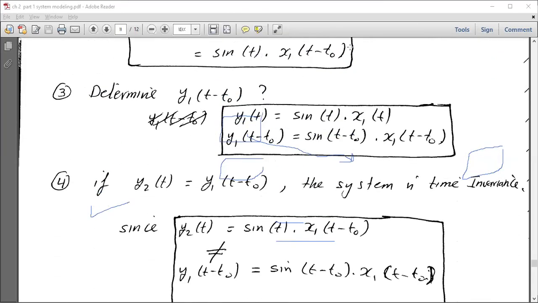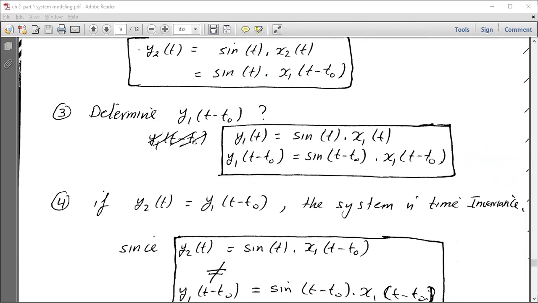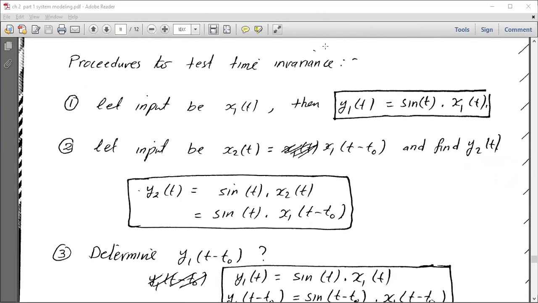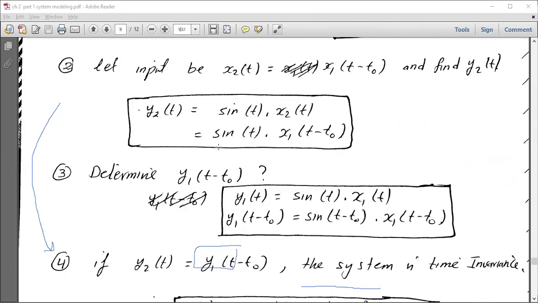Now we need to determine, if we shift the output by t minus t naught, what is the value? We know y1 was sine of t multiplied by x1. Make a shift on the output, and this shift applies for t.